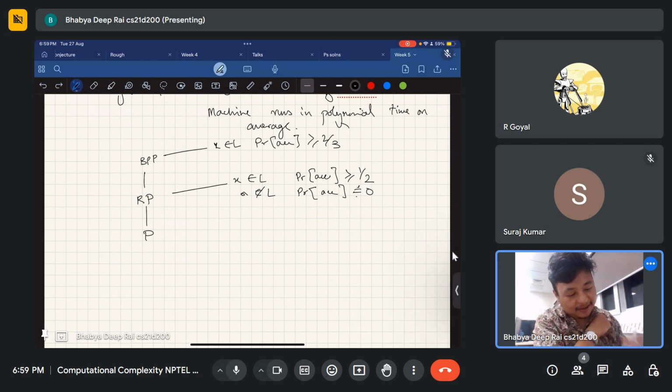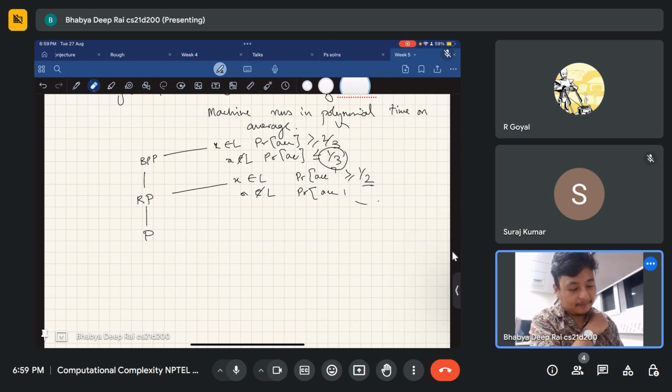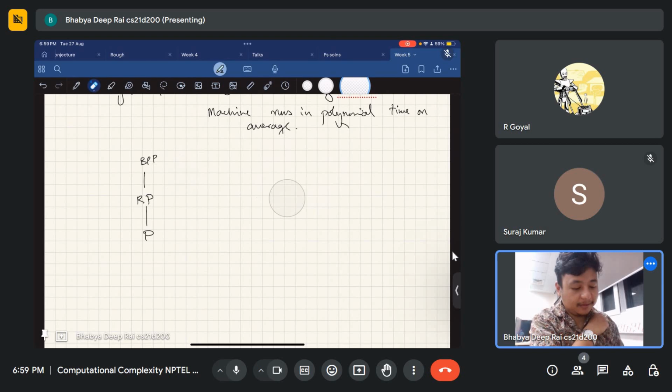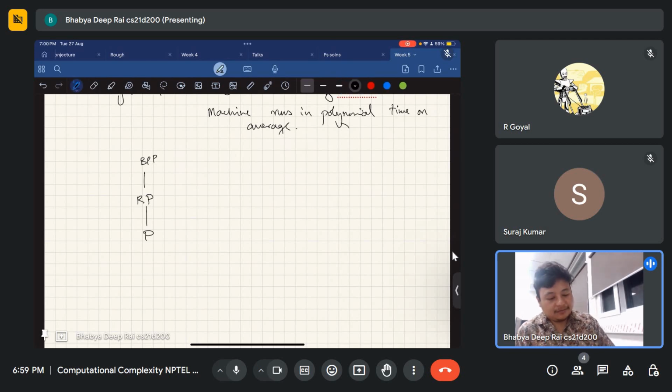Success amplification, and these constants don't matter. You can change 2 by 3 to 1 by 2 or even 9 by 10 or something like that. Okay, and x is not in L, then probability that it accepts is less than or equal to 1 by 3, and here it is 0. So any RP algorithm is a BPP algorithm, because an RP algorithm is just a BPP algorithm with no error in the negative membership. So now, okay, RP in BPP is done. You can argue the same argument will hold for coRP also.